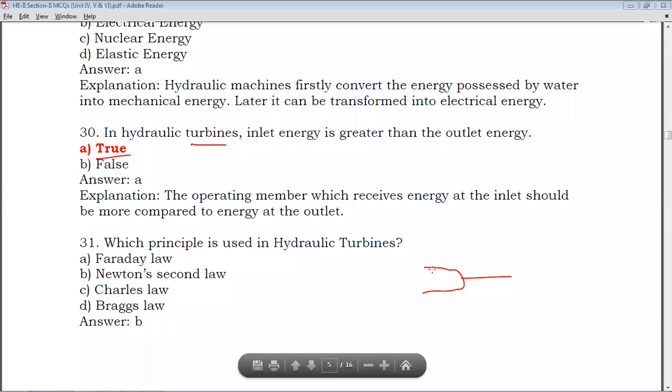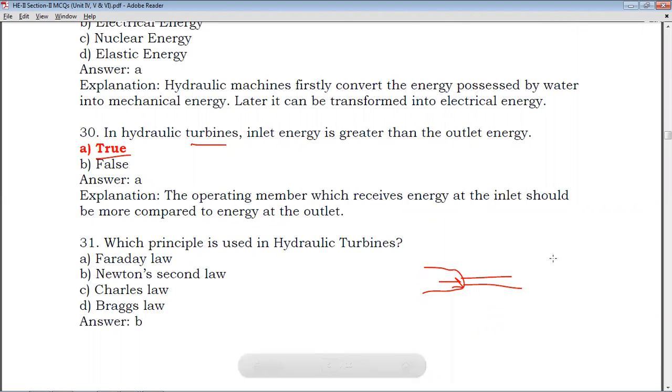Inlet energy is nothing but the energy which is provided by the kinetic energy of the water coming out of the nozzle. And outlet energy is the rotation of the turbine. Water after striking the blades of the turbine, when it moves out, is known as the outlet energy of the water.